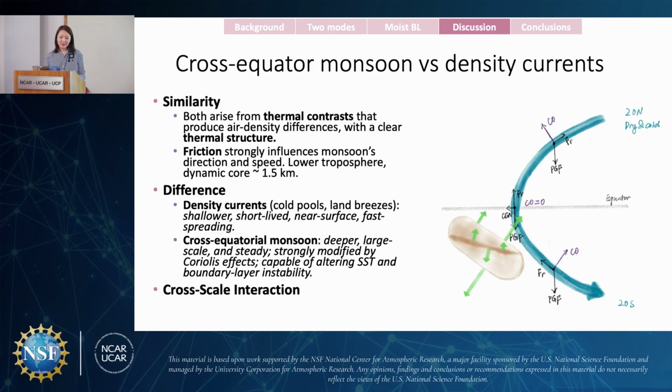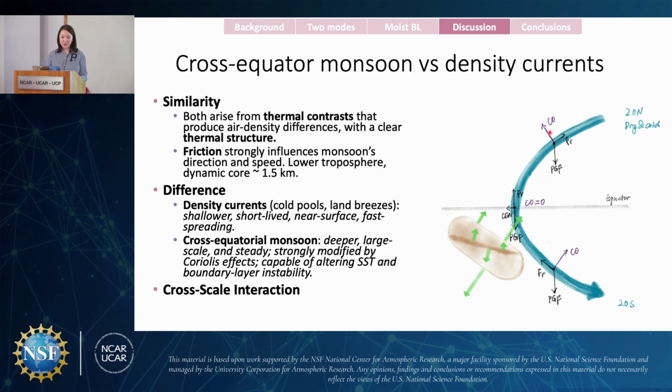And next, this is a very special comparison between the cross-equator monsoon and density current. It's a little special that we regard the monsoon system in our study as a kind of large-scale density current, because they really have some similarities. The monsoons here both arise from thermal contrast that produces air density differences with a clear thermal structure.